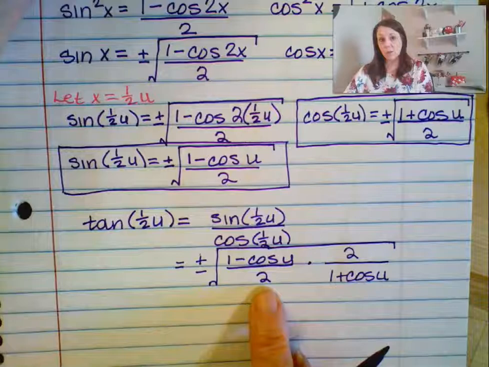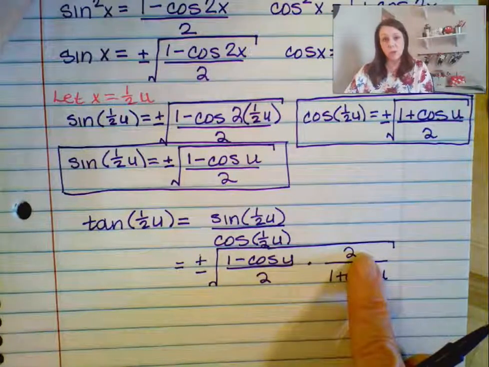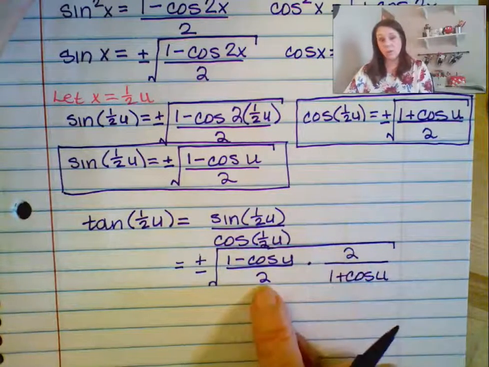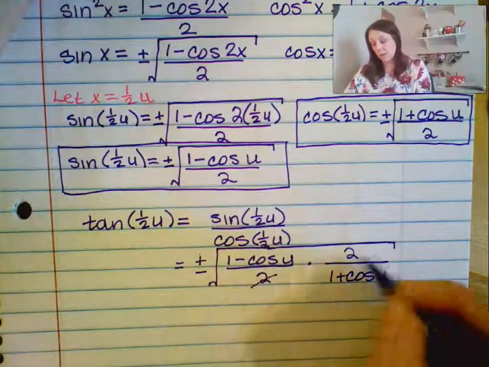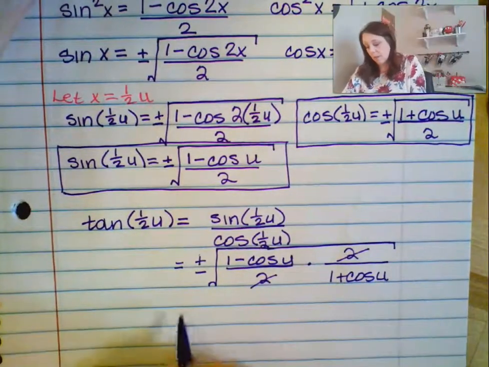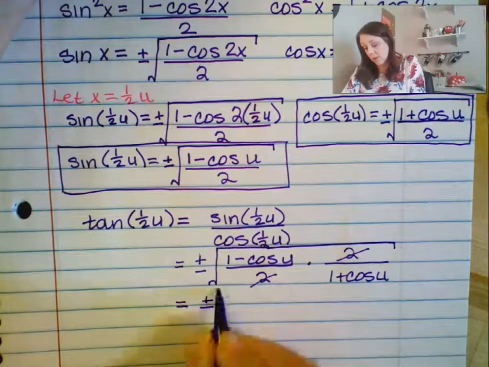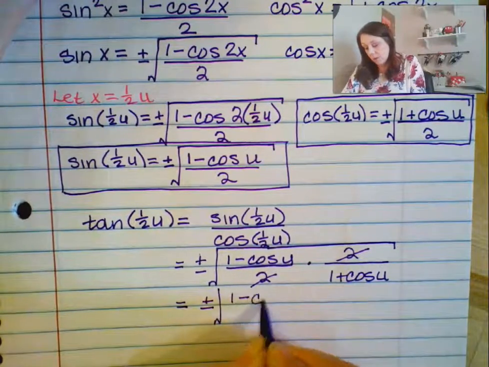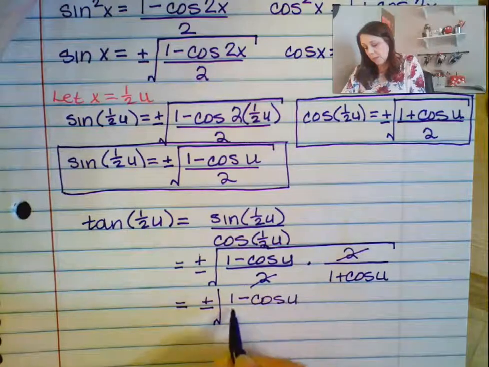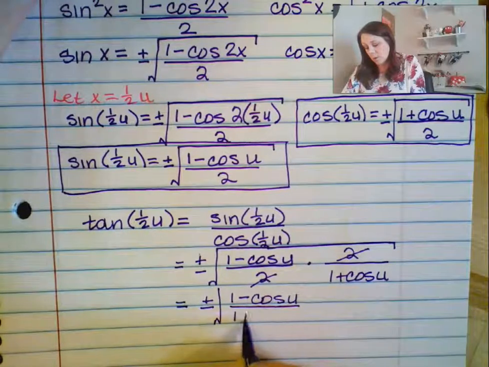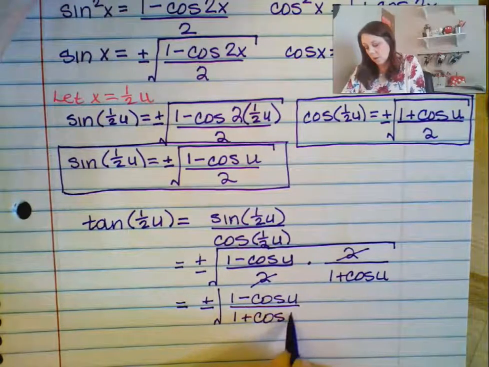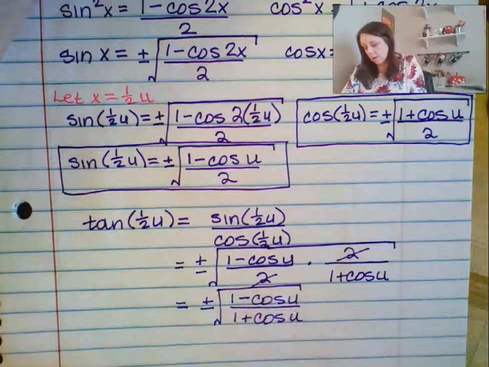We've got a division by 2 here. We've got that 2 in the numerator. We know that 2 over 2, when we reduce, becomes a 1, so those 2's are going to cancel. So one variation of the tangent of 1/2 u would be what we get when we simplify that and cancel out those 2's, which is this quantity.